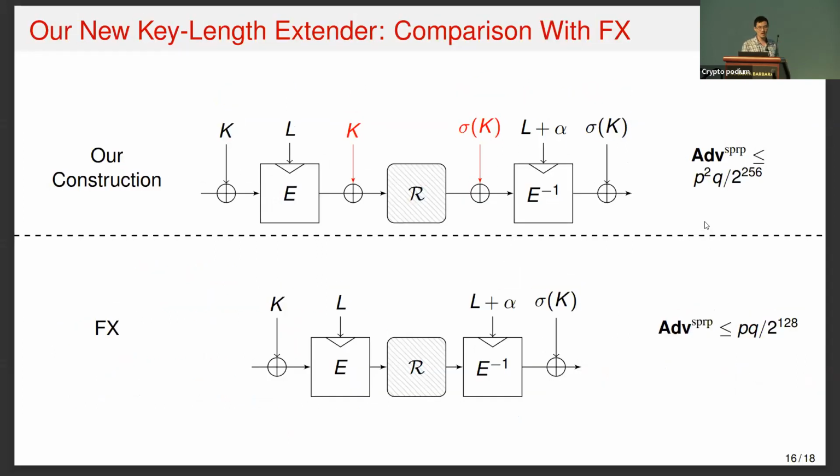If we compare our construction with the original FX design, we can see that the only difference is that we have the key XORed before and after the reflector, while we obtain a much better security bound than the original bound, which allows us to make more construction and primitive queries.